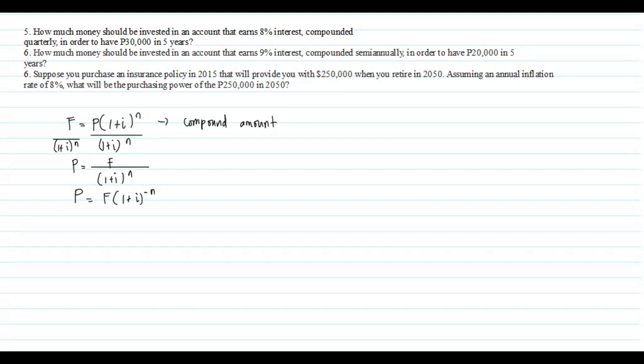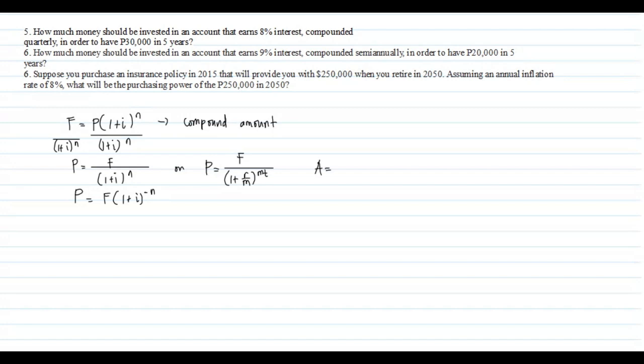If we expand it here, some books would have this kind of formula na P is equal to F divided by 1 plus R over M raised to M T. So, N there is equal to MT. So, you could have this kind of formula. Kay parparehas la ito ng context of use nila.